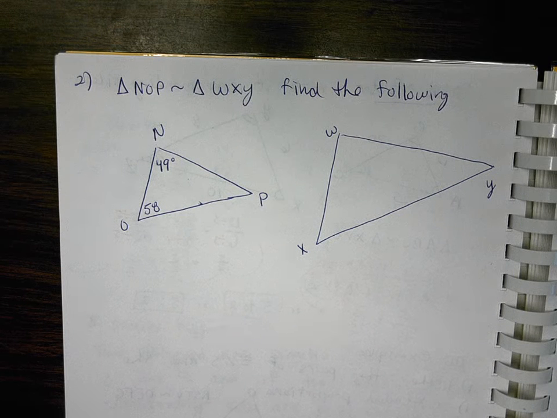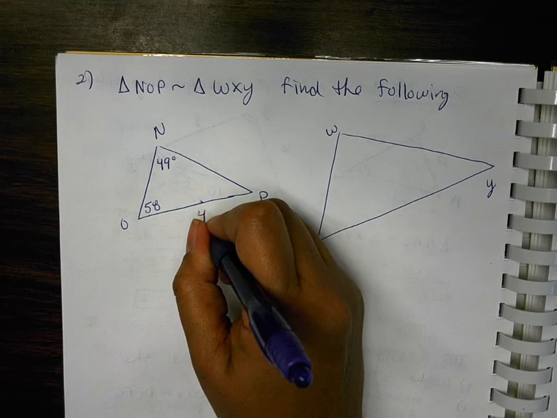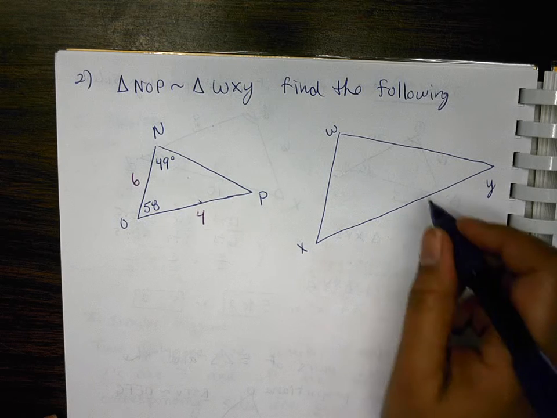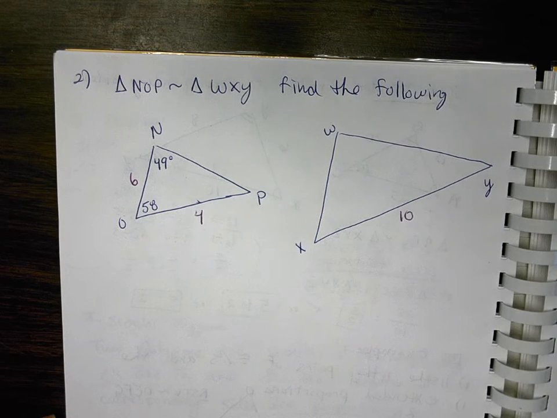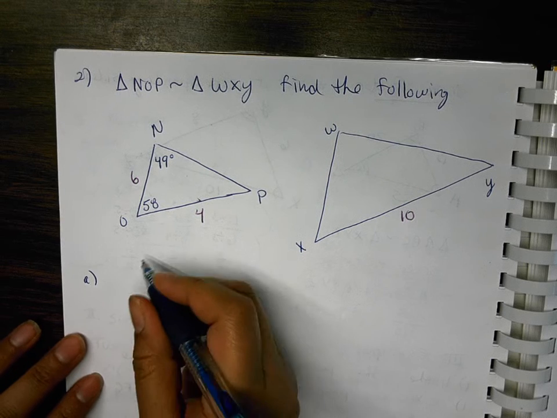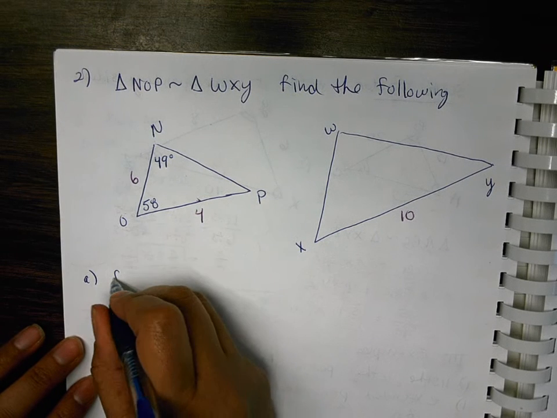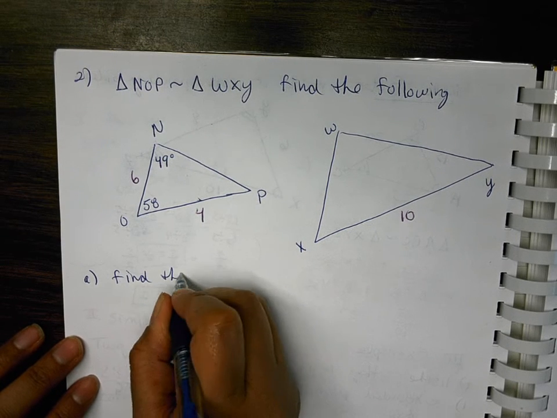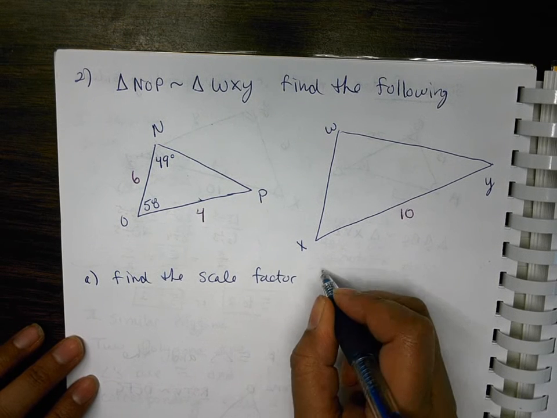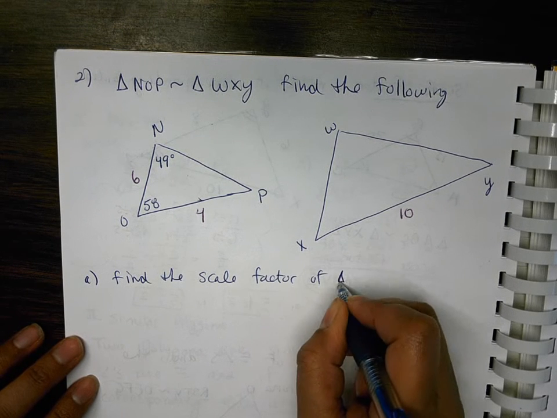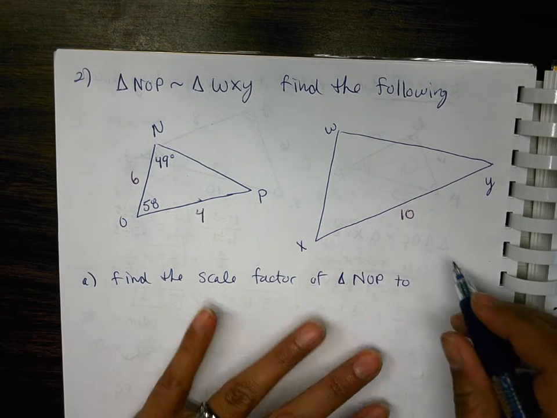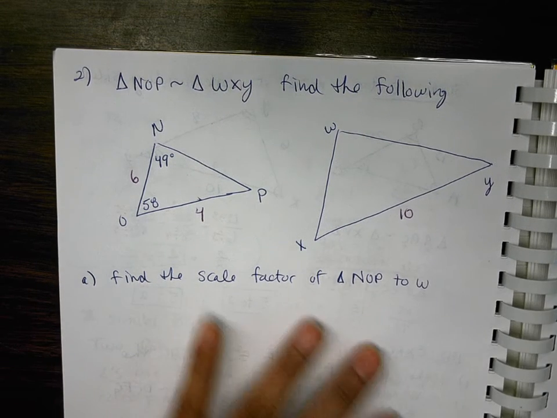Okay. 4 for OP, 6 for ON, and 10 for XY. A, find the scale factor of triangle NOP to triangle WXY.